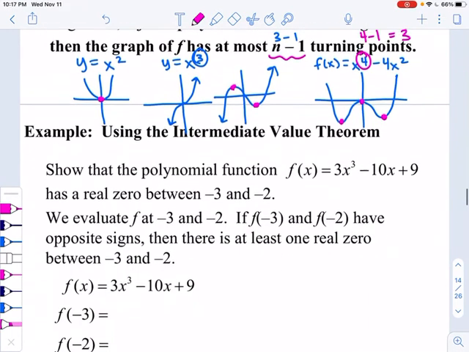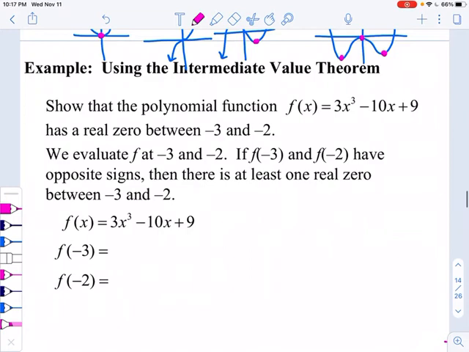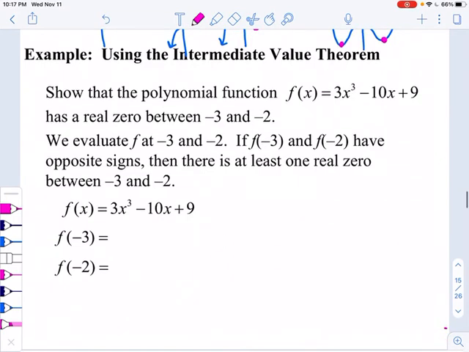So the example says, using the intermediate value theorem, show that the polynomial function f of x equals 3x to the third minus 10x plus 9 has a real zero between -3 and -2. So we're going to evaluate f, the function, at -3 and -2.